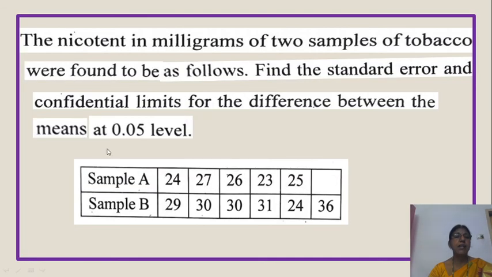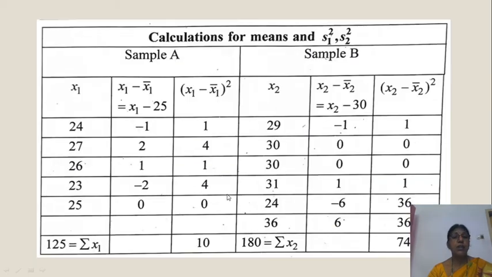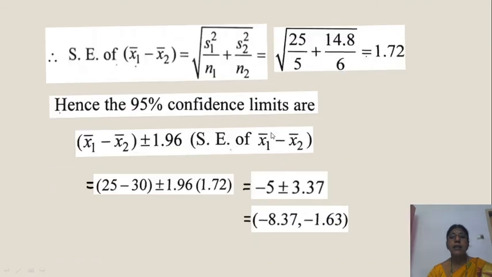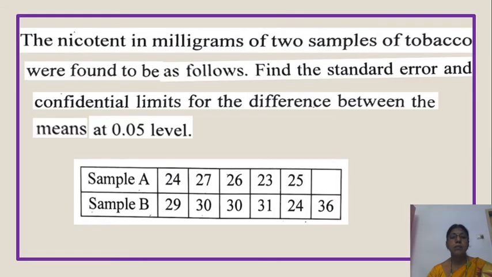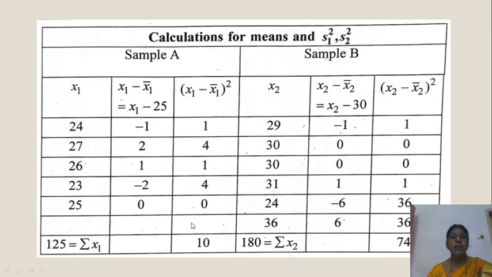What are the x1 values? 24, 27, 26, 23, 25 and so on. And what are the x2 values? 29, 30, 31, 24, 36. Okay, these are the x1 values, these are the x2 values.